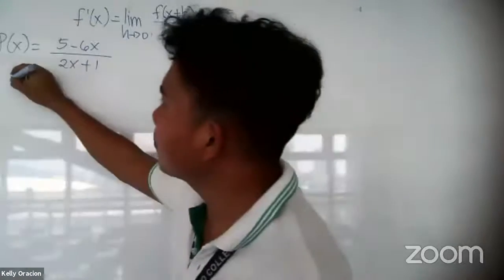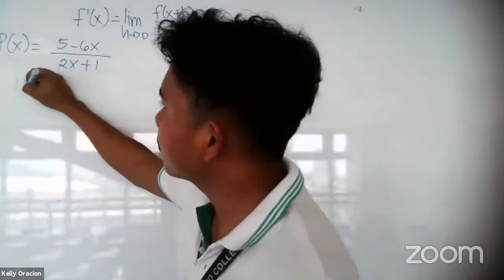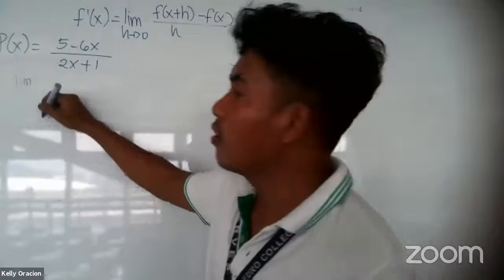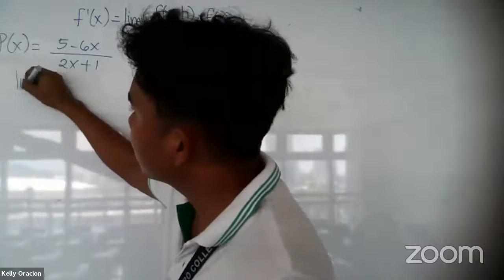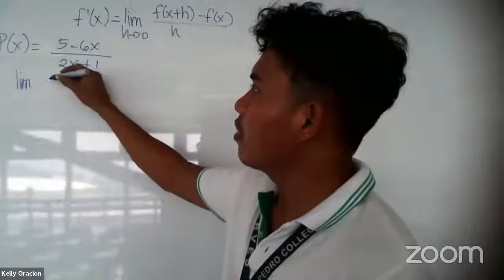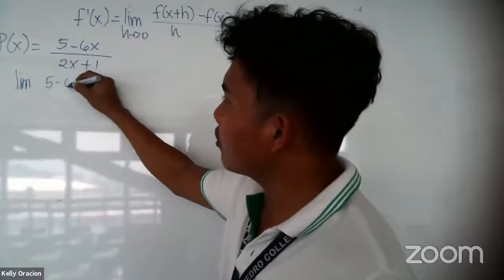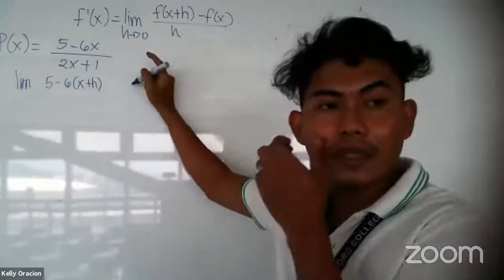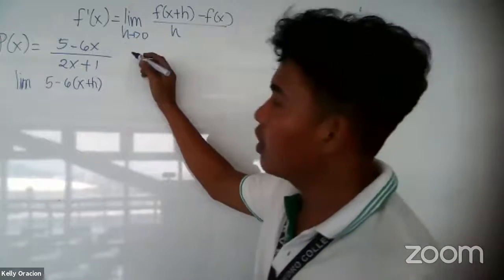First step. Okay? You have 5 minus 6 times x plus h. Lahat ng x, merong x plus h.